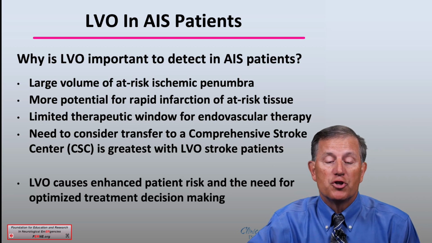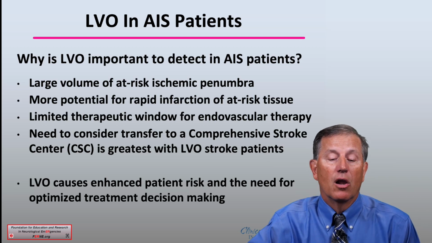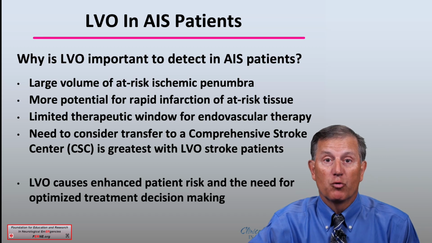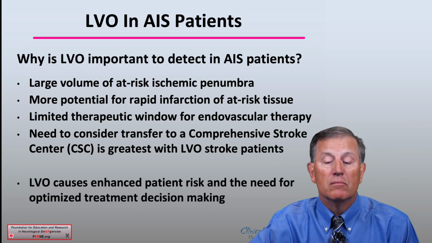Large vessel occlusions often will cause a large volume of at-risk ischemic penumbra, which requires acute therapy. There's a greater likelihood for a rapid infarct to grow, or to grow rapidly, in this at-risk tissue, especially with the presence of an LVO.